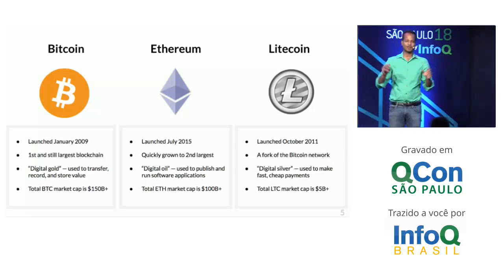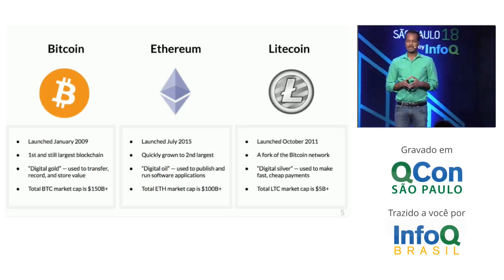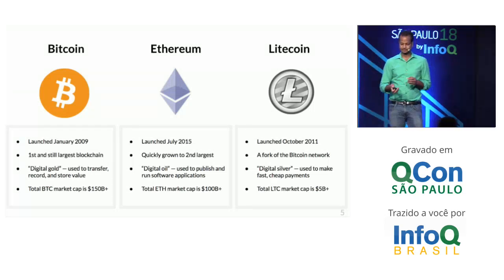All of that can also happen automatically without trusting a third party. And then the third cryptocurrency, Litecoin. Litecoin was forked out of Bitcoin, and it has much faster confirmation times compared to Bitcoin. With Bitcoin, it takes 10 minutes to achieve confirmation for a transaction. Litecoin is about 15 seconds.